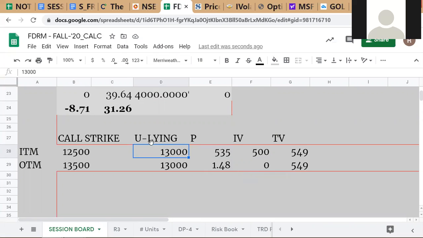Don't memorize the formula, go through the logic. Here the intrinsic value is 500, and this one has an intrinsic value of 0, so the time value here is 148. So the fair price of the 12.5K call should actually be.